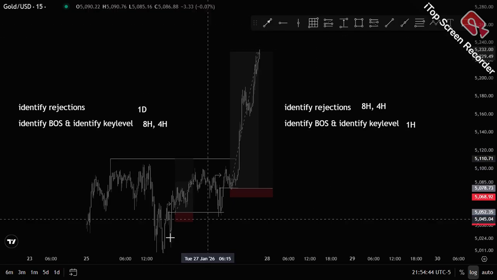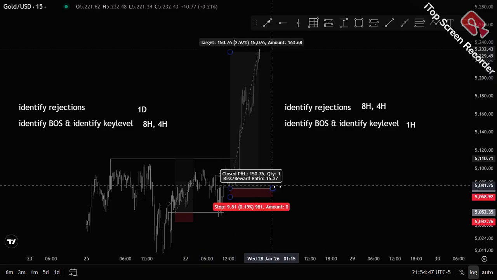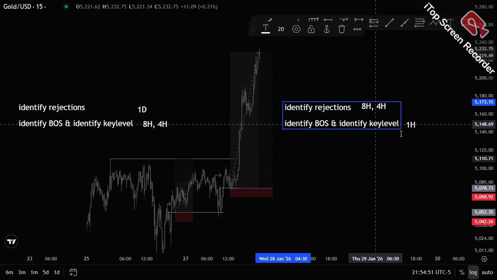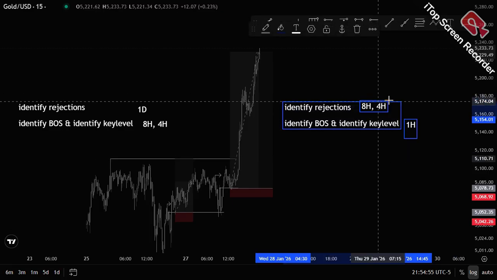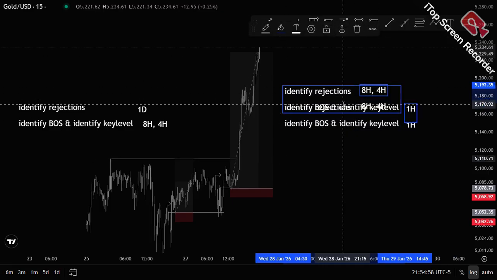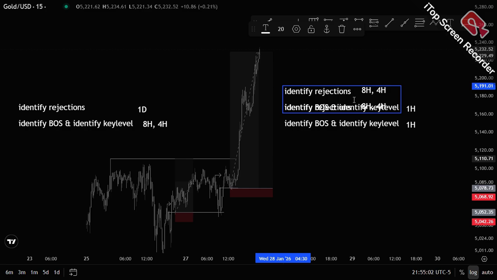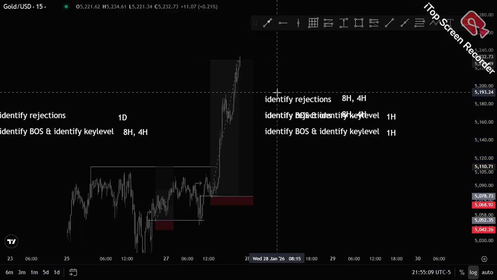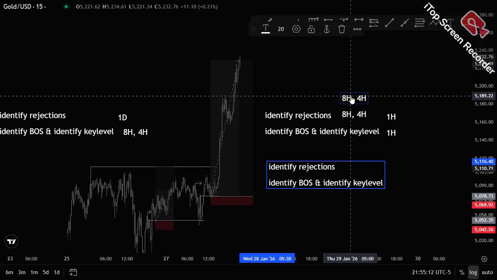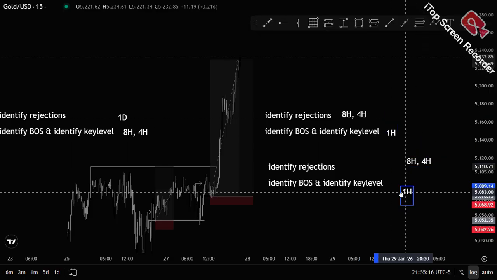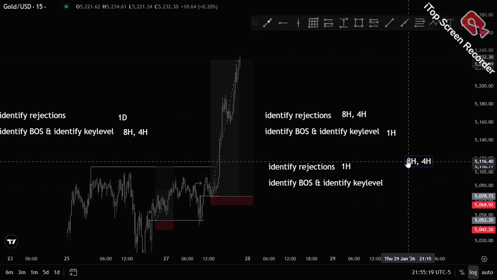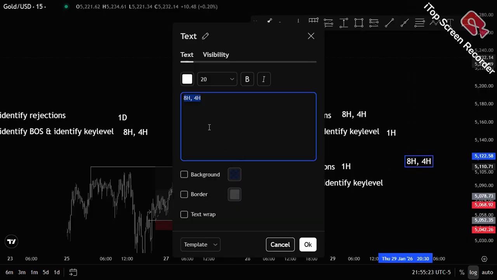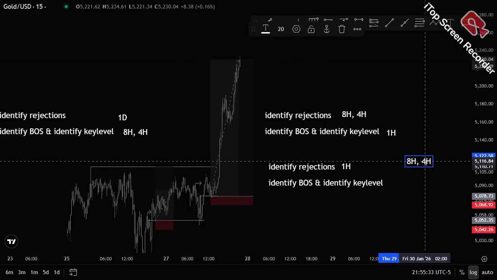So like this particular setup now, this setup came out from a 1 hour rejection, inside rejection, and a 15 minutes.